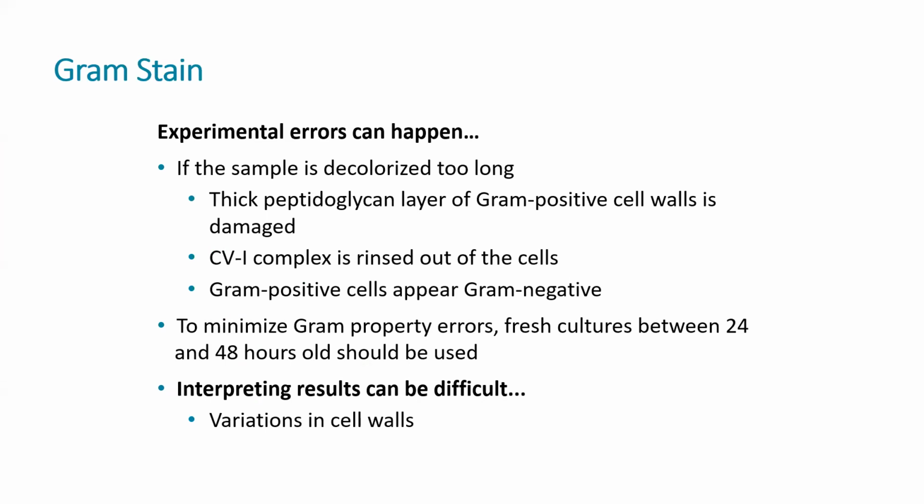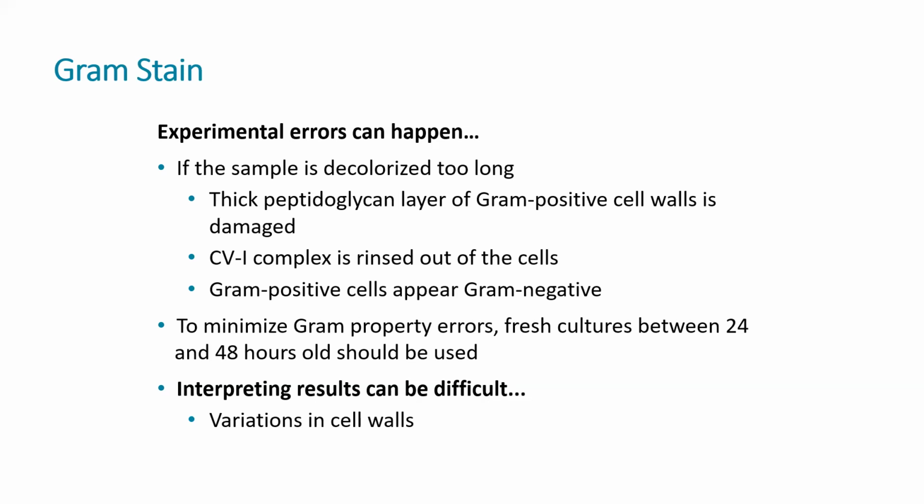So there can be some experimental errors. Sometimes you can over decolorize a gram-positive cell, which causes you to damage the cell wall enough that you wash out all the crystal violet, and then they will stain like gram-negatives. It's a good idea to use fairly new cultures, so 1 to 2 days old.